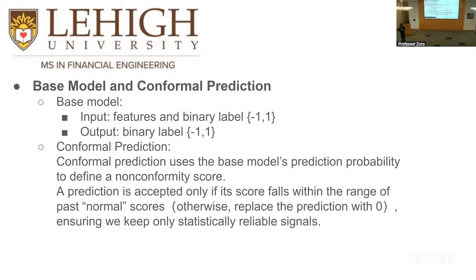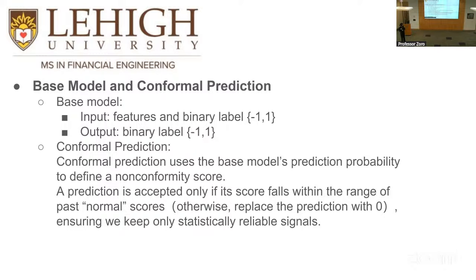And as you can see, the input for the base model is binary labels. Previously, we saw we have -1, 1, and 0 labels. At this point, we want to train our base model to focus more on classifying labels -1 and 1. So we only use the data set with labels -1 and 1 and drop the data with label 0.